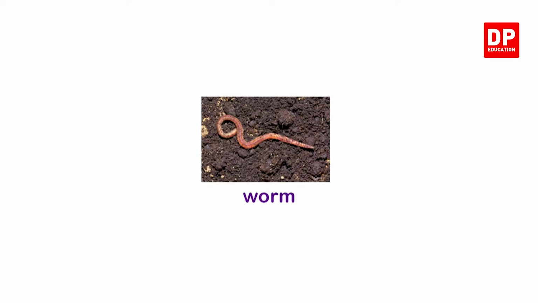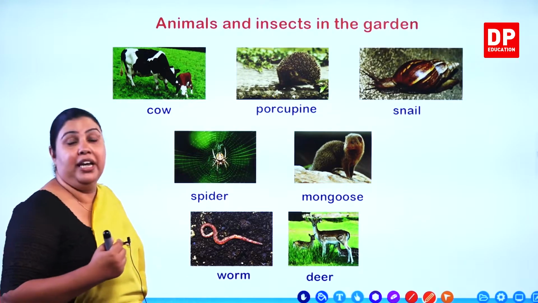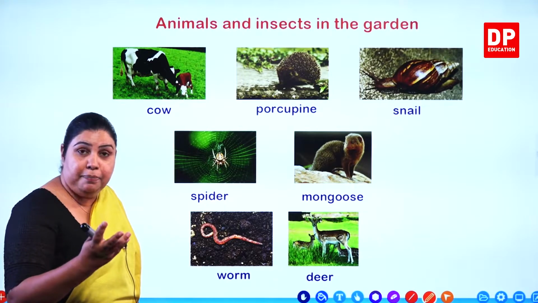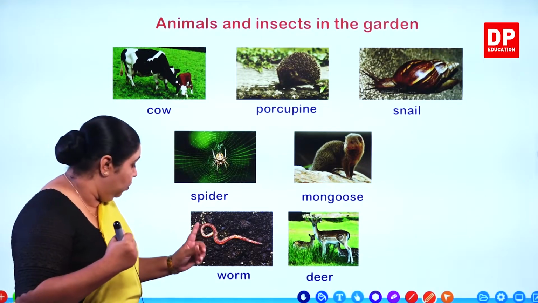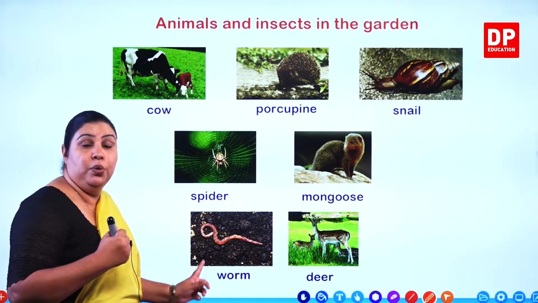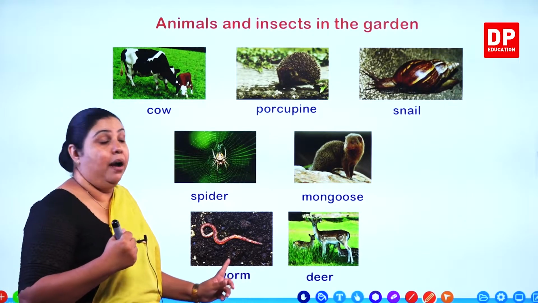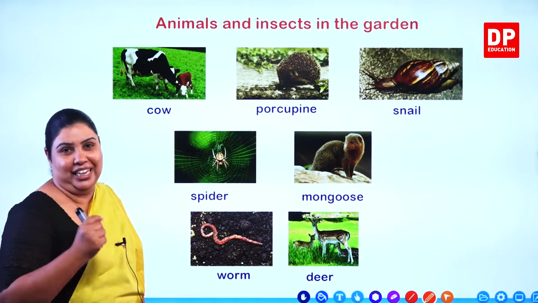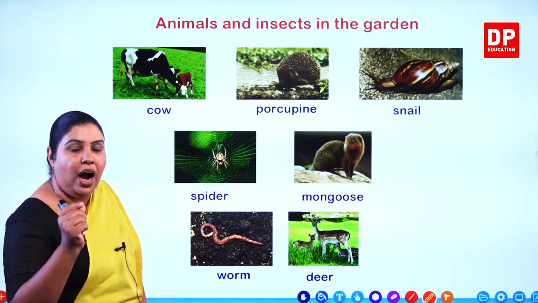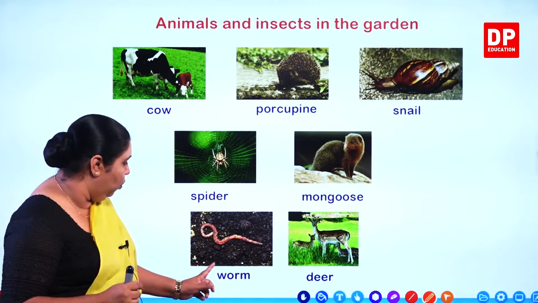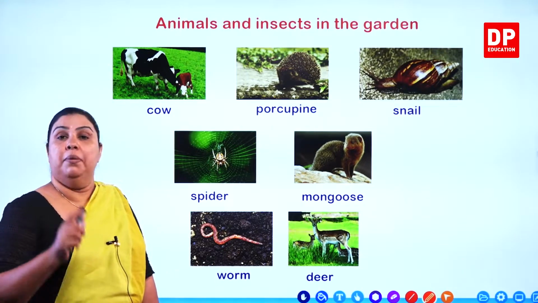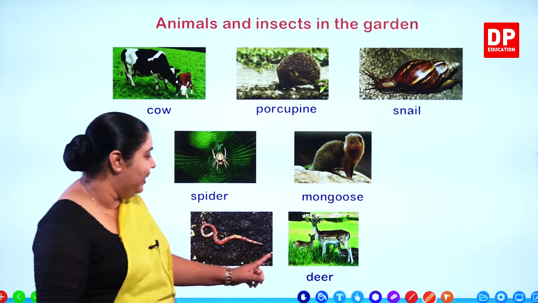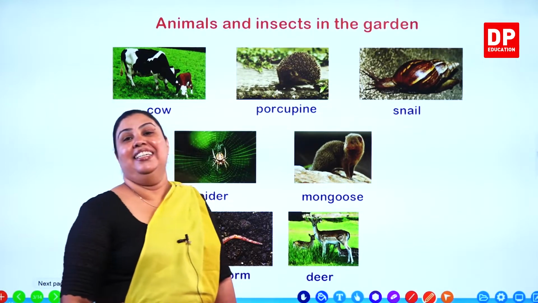Worm, panuwa. So this is the worm. W-O-R-M. Worm. Then at the end we have deer.